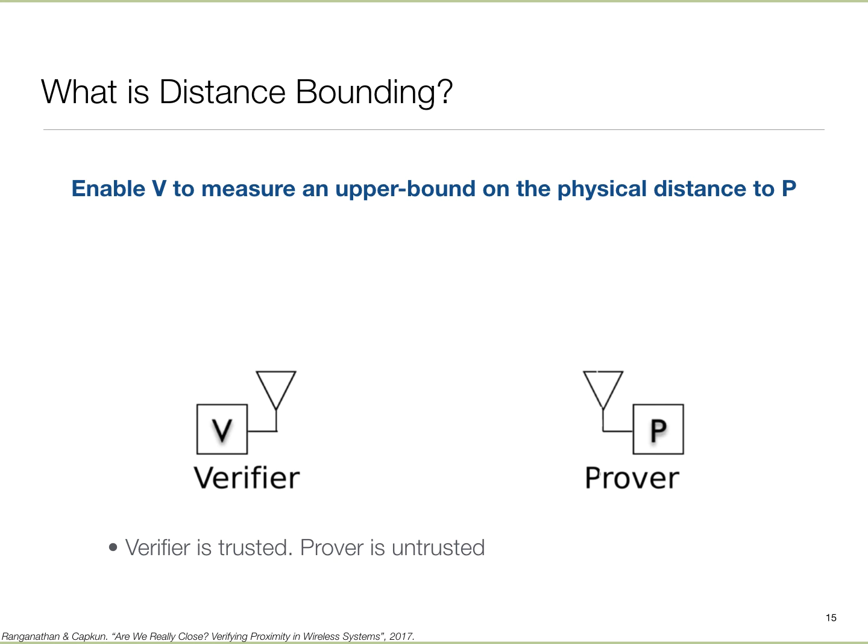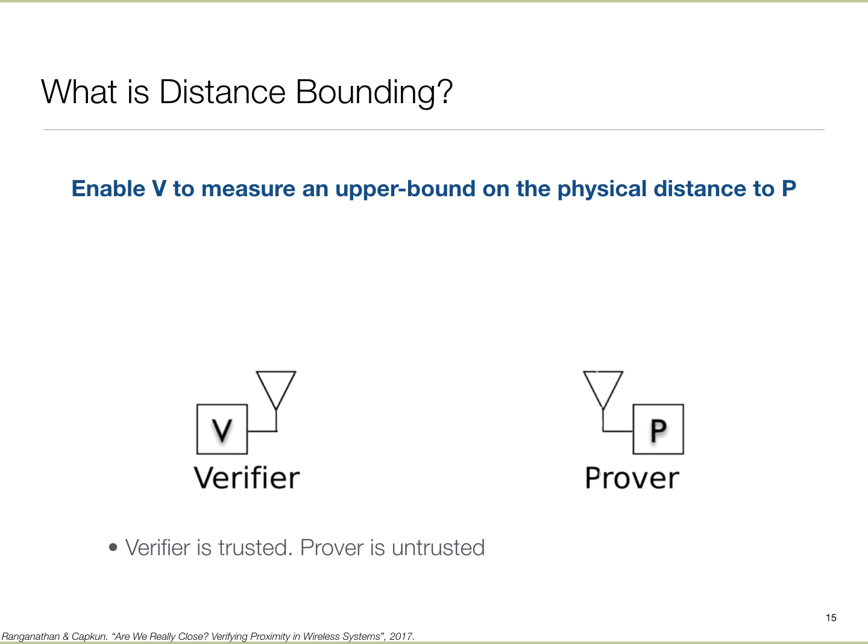The verifier is trusted, so that's my car or the ATM machine. The prover is the key. We want to make sure that the prover is close enough. So this protocol will help us say that the prover is no more than this distance. That's the guarantee that we seek to provide, and that's the purpose of this response protocol.